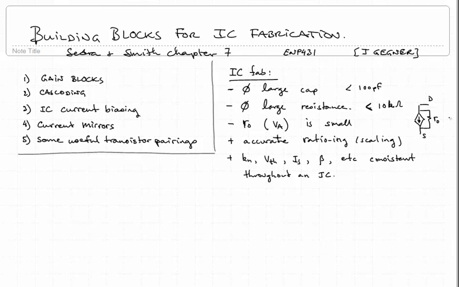Now, a couple of positive things of IC fabrication are that you can have very accurate ratioing or scaling of devices. Although we can't say that we want a transistor to have an exact transconductance coefficient Kn, we can say that we want transistor M2 to have a transconductance coefficient that's 2.00 times that of transistor M1. It can do that very accurately.